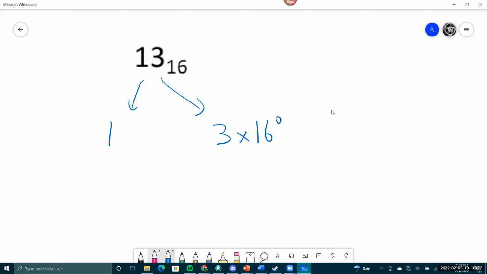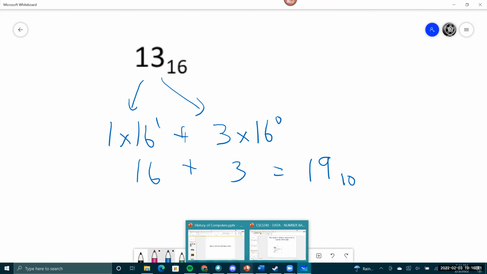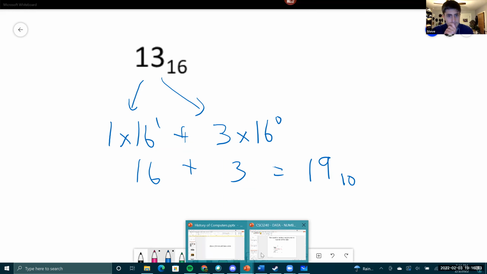This is 1 times 16 to the 1. So this ends up being 3, and this is 16. So the result is 19 base 10. All right, is this very straightforward, hopefully?